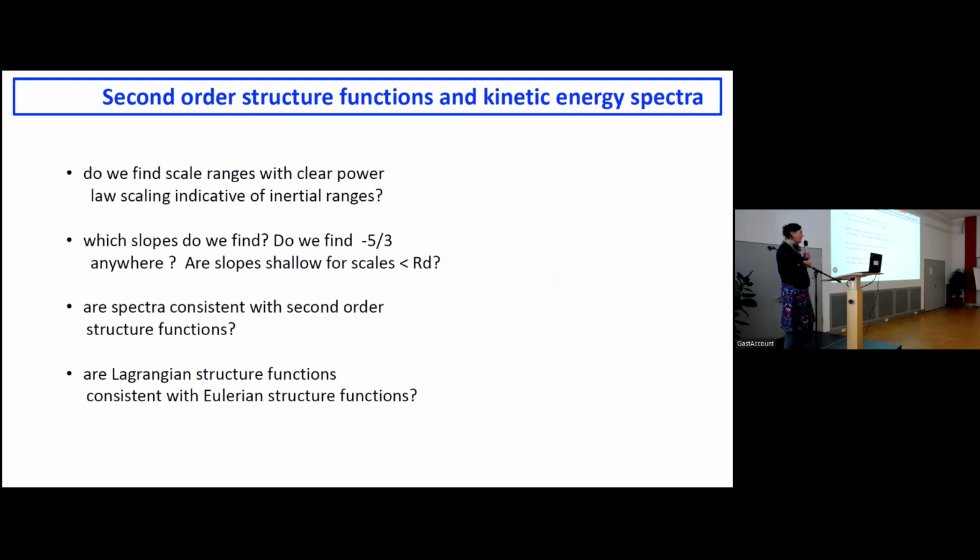Do we actually find -5/3 anywhere? And then one question is, may the slopes be shallower for scales smaller than the Rossby radius? And then are the spectra consistent with the second order structure functions? And are the Lagrangian structure functions consistent with the Eulerian structure functions?